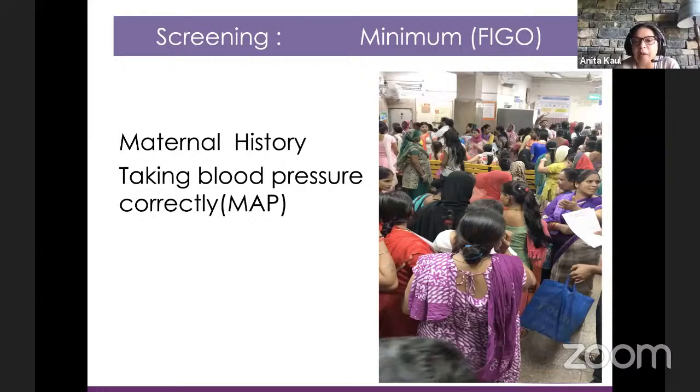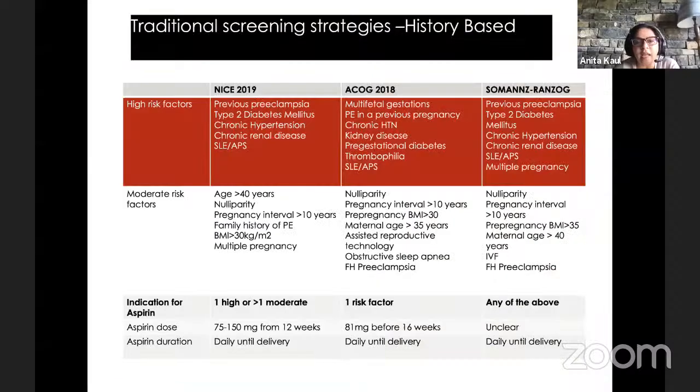And the minimum, as far as FIGO is concerned and as far as professional bodies are concerned, is that at least take the maternal history, which you've been doing for many years now, but add blood pressure measurements. And the blood pressure measurement needs to be the mean arterial pressure. So we have to change the way we think.